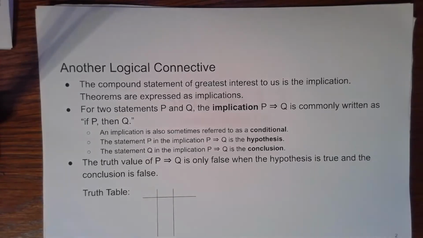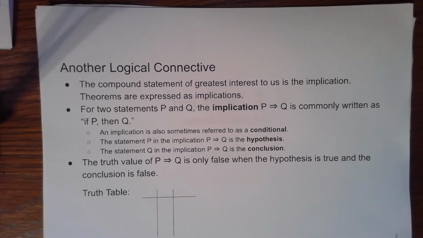So I often tell my geometry class, I'll ask them, what's the Pythagorean theorem? And they'll want to say a squared plus b squared equals c squared. Well, that's not quite right. The Pythagorean theorem is actually if you have a right triangle with legs of length a and b and a hypotenuse of length c, then a squared plus b squared equals c squared.